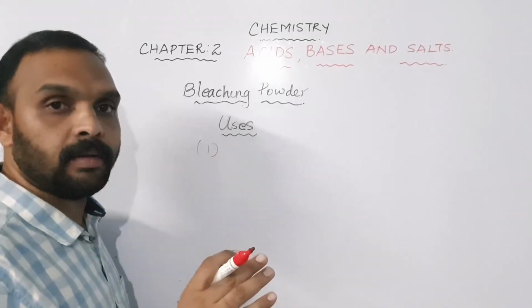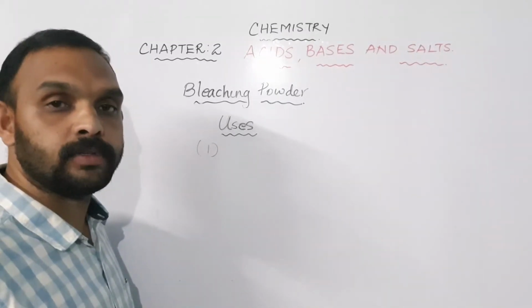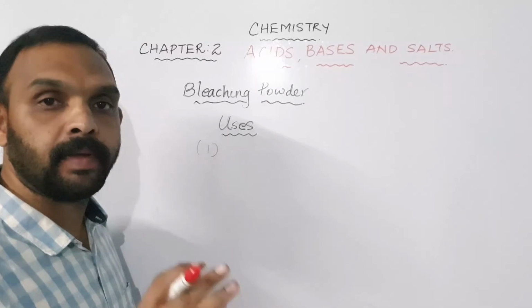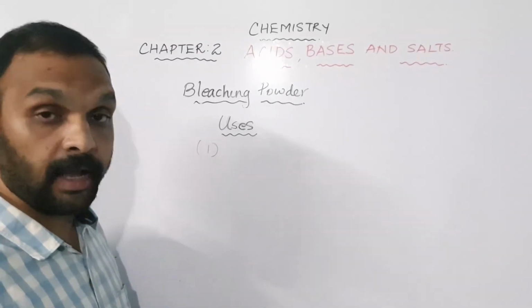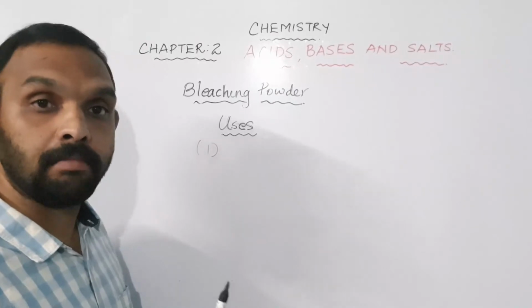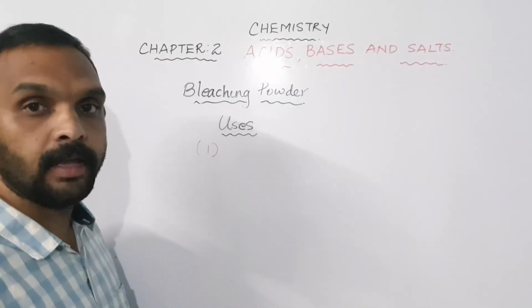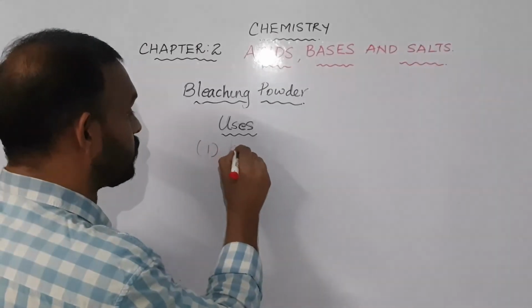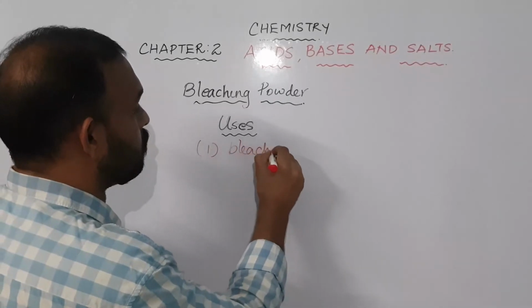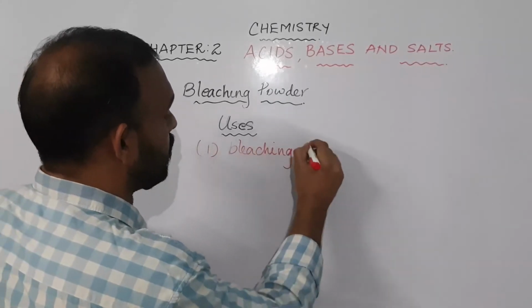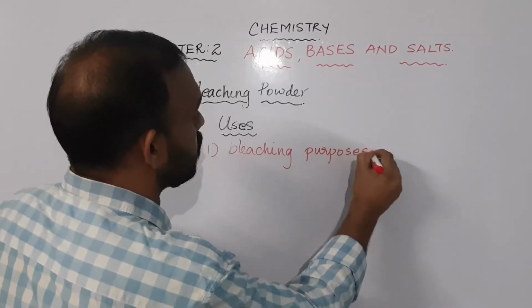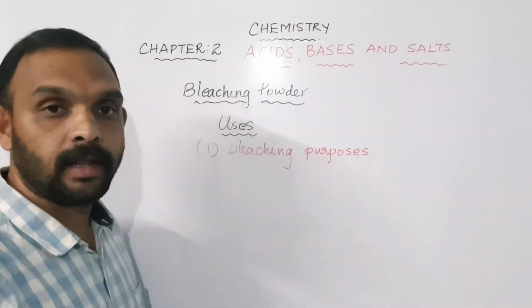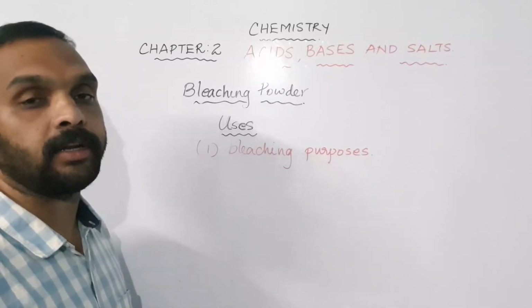But other than that, it has use like bleaching of wood pulp in paper factory, and it has got many other uses in bleaching field only. Okay, so the first one we can write, it is used for bleaching clothes in textile industry, like cotton, linen, textile industry.